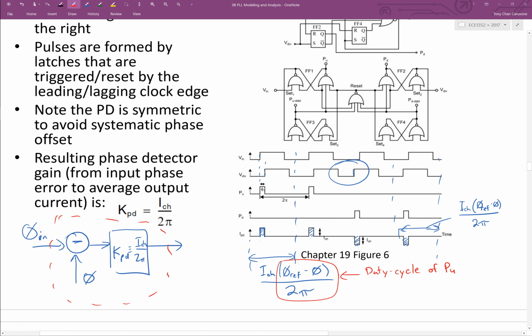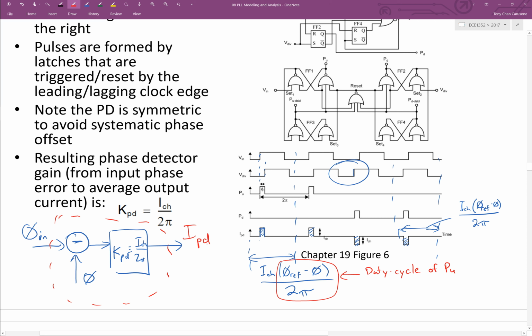So this is our model that relates the two clock phases coming into the phase detector to the current that comes out. The output here, we labeled it IPD, the phase detector output current.